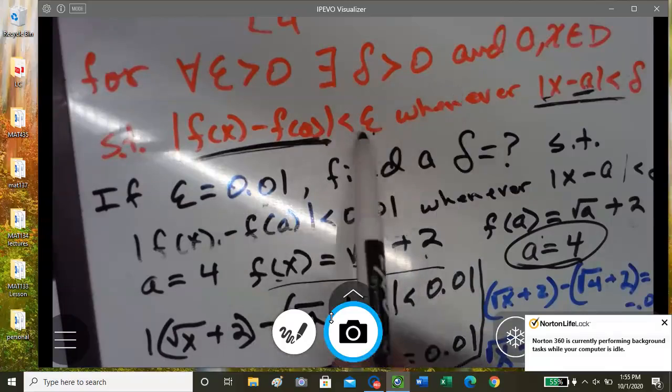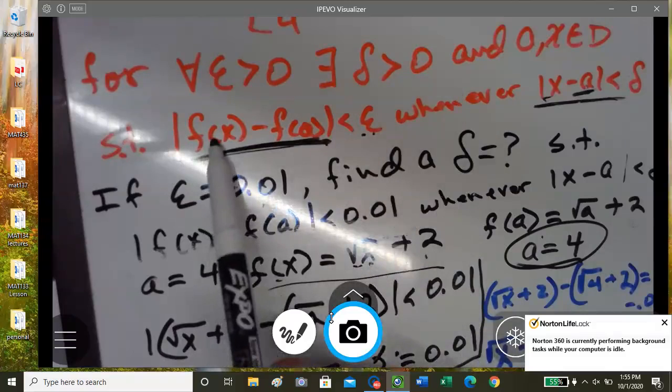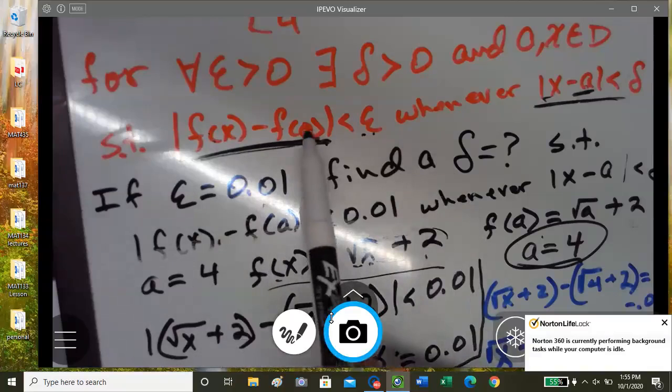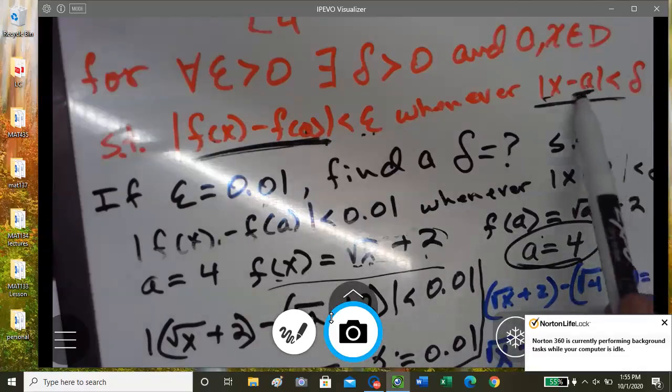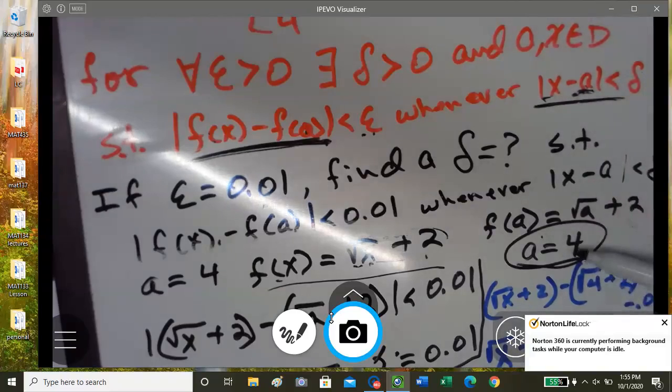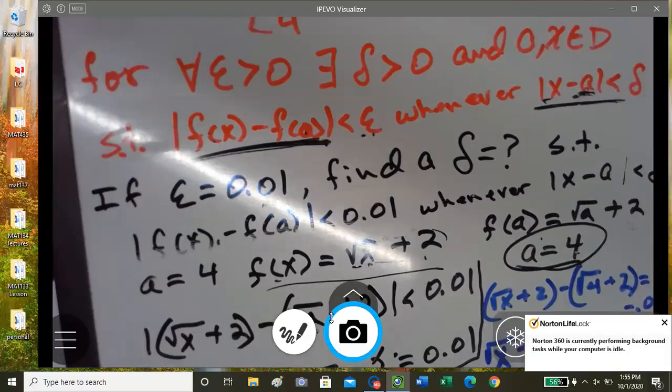Epsilon, which we said is 0.01, goes in there. The function f of x goes in here. We determined that a was 4, since we found that we got a hole at 4. And that's what we had here. So we plugged 4 in for a and then worked it out and got 4.04.